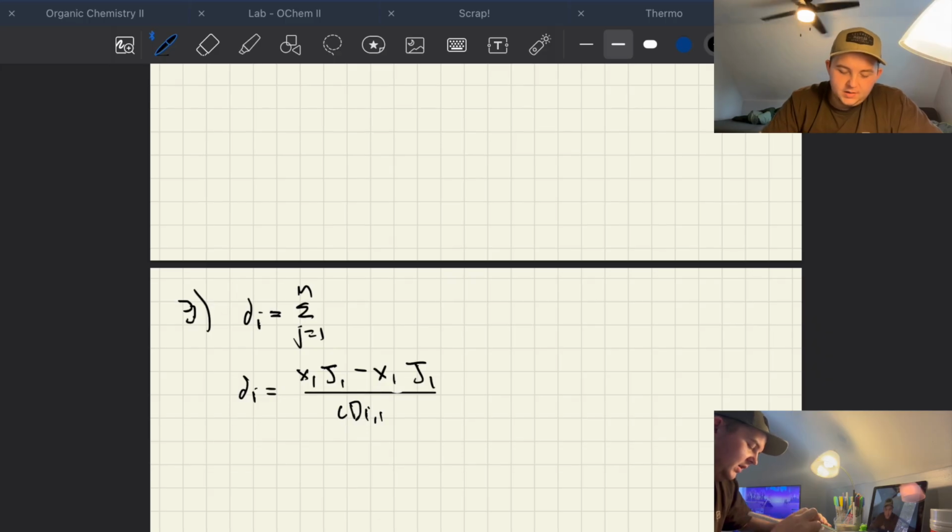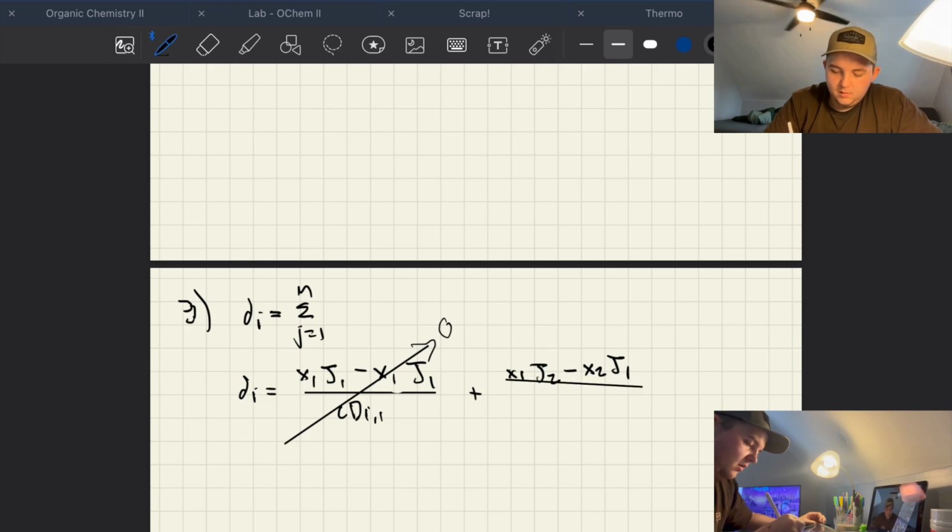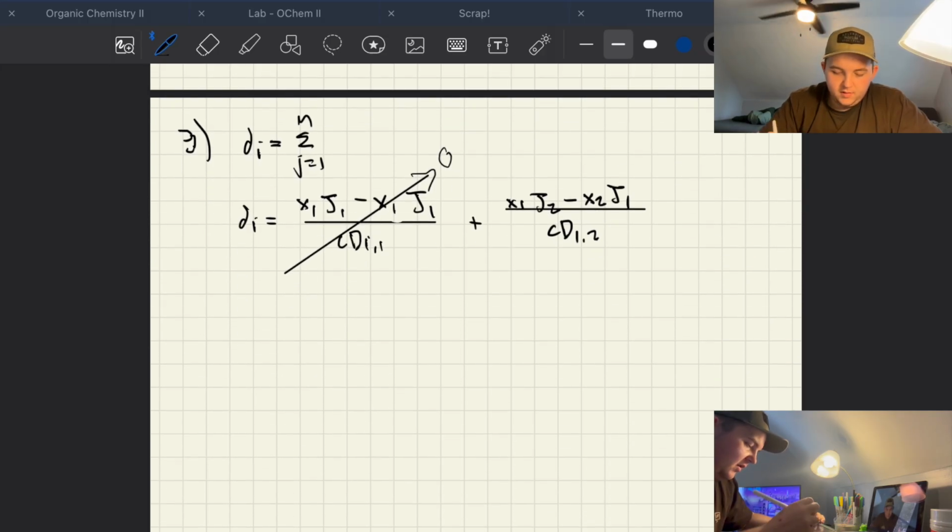So all of this is just going to equal 0 for our first summation, but we still need to add our second part, since we have a binary system, we need to do it 2 times. So we get x1 j2 minus x2 j1 over c d1 2, and now we just have to add our driving force in, which is our derivative of x1 over dz, as we defined multiple times now.